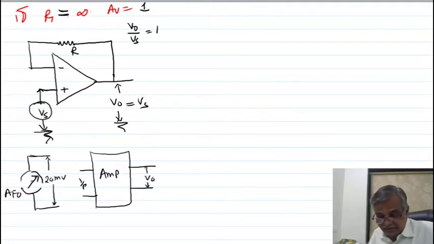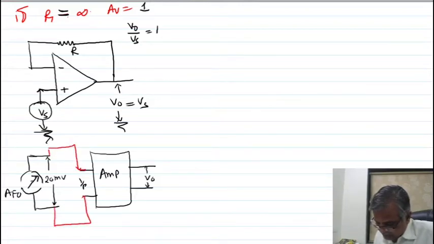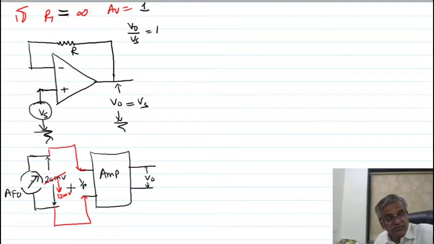Now I am connecting this to the input. As I am connecting this, it is found that this meter reduced the voltage and it immediately became 12 millivolt. These meters show the drop in the voltage. Before connecting at this point, you adjusted 20 millivolt.